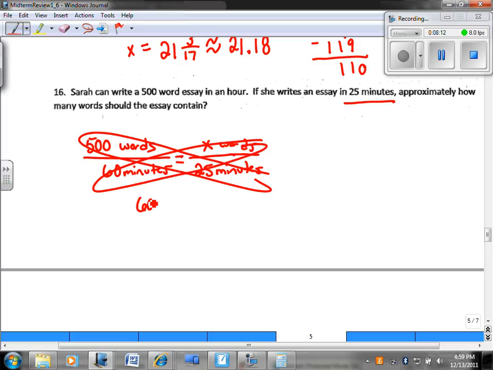So 60x is going to equal 500 times 25. Well, 5 times 25 is 125. And we put our zeros in, and that's going to be 60x. Okay, now we need to divide both sides by 60.